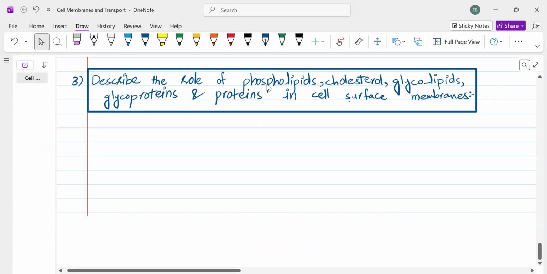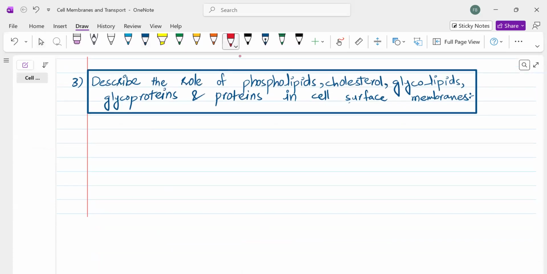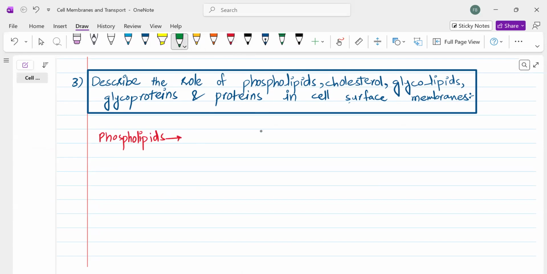You will simply say that phospholipids form the basic structure of the cell membrane.